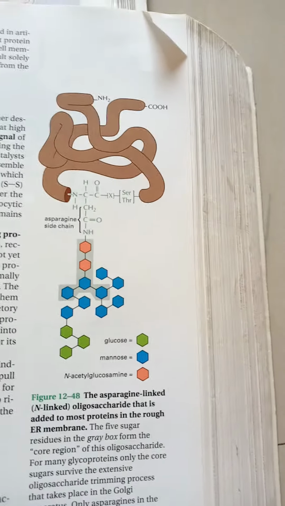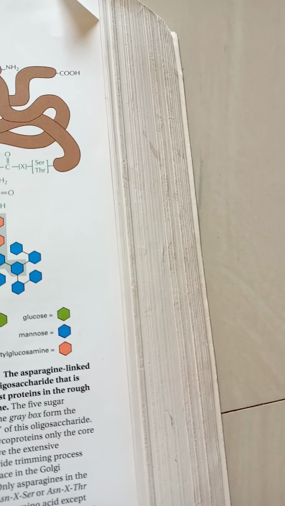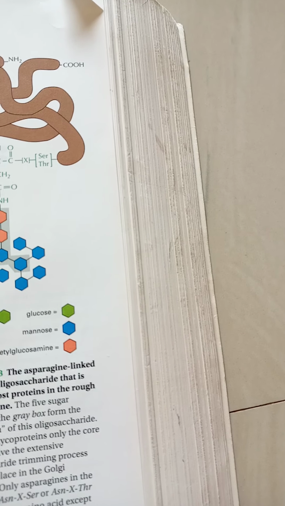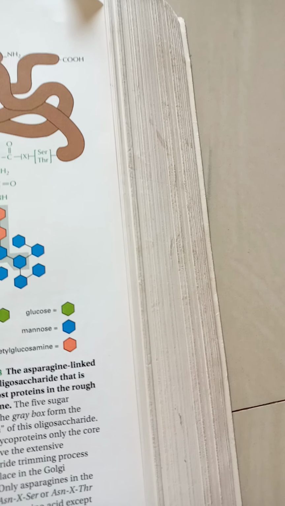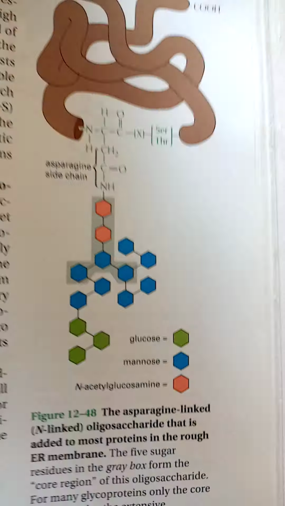We see the asparagine linked or N-linked oligosaccharide that is added to most proteins in the rough endoplasmic reticulum. Now the question arises, do all proteins get glycosylated? No, all proteins do not get glycosylated.